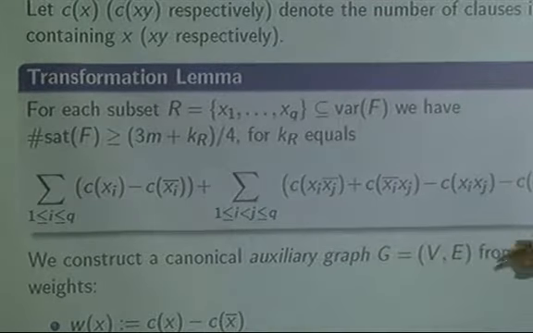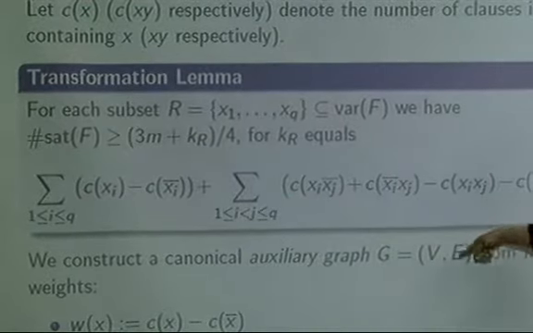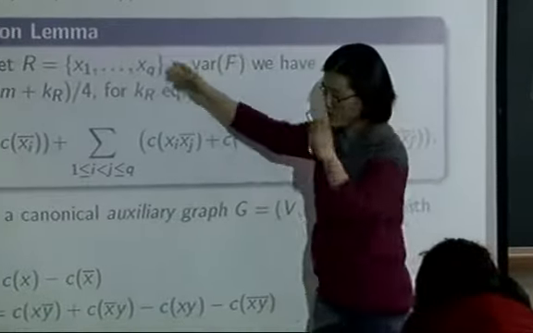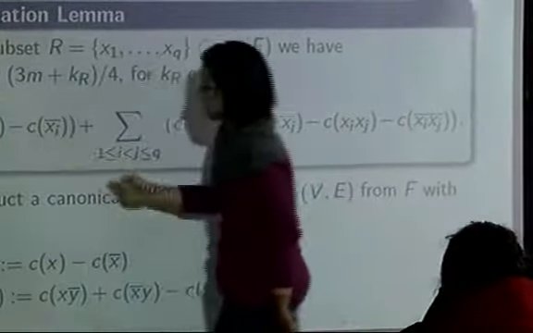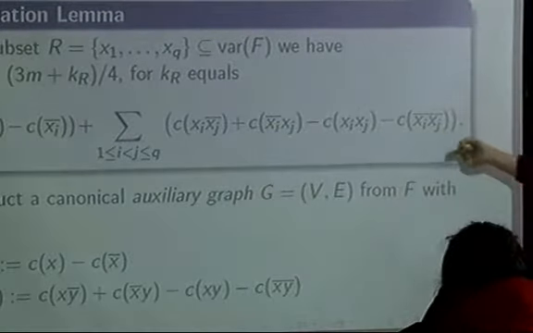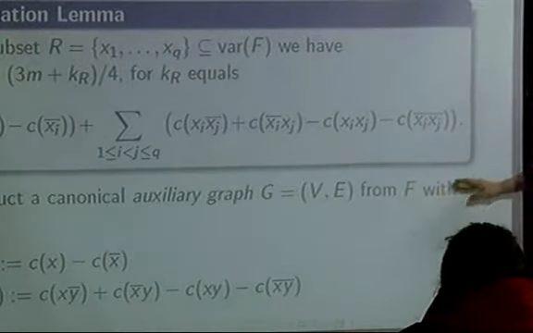So we define a graph where vertices correspond to the variables and the edges correspond to the pairs of vertices that appear in some clauses. And this part becomes the weight on the vertex, and this part becomes the weight on the edges.